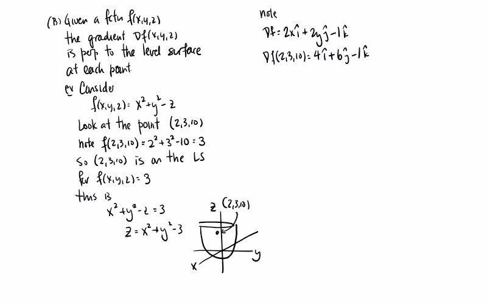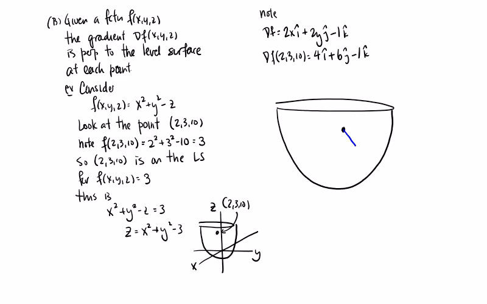So what's happening here is that we have this paraboloid. We have this point that's on it. We have this vector, and this is a bit hard to see because it's a three-dimensional picture. But this vector is perpendicular. It sort of comes out. I'll give it some perspective so you can pretend that it's three-dimensional.